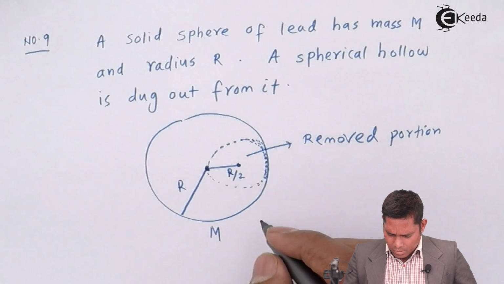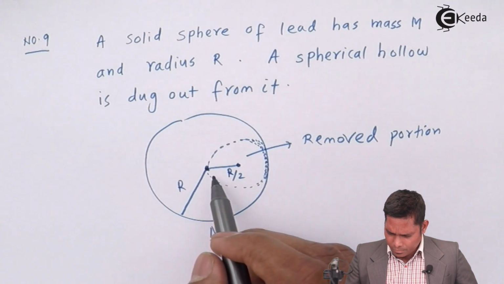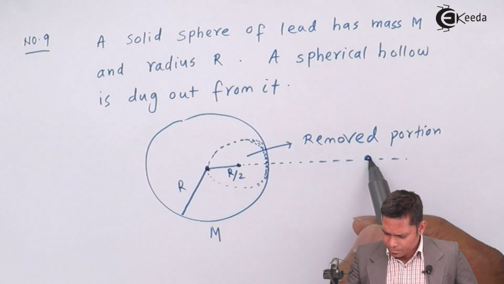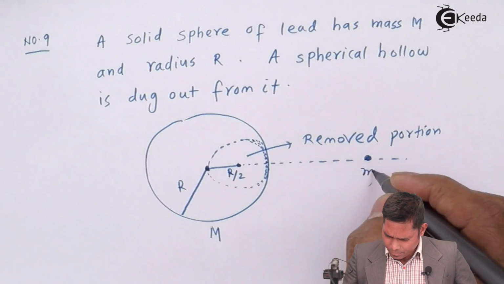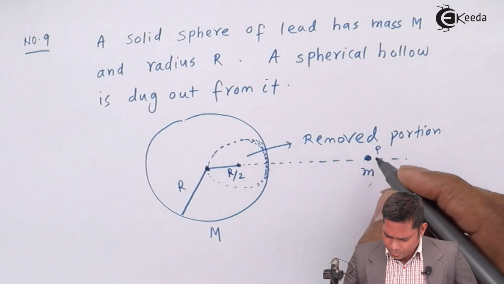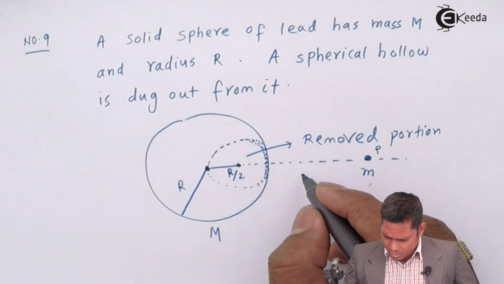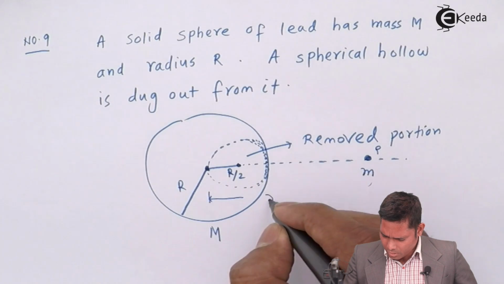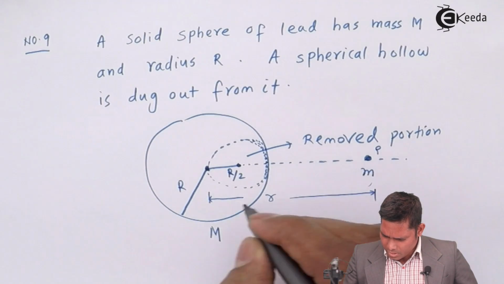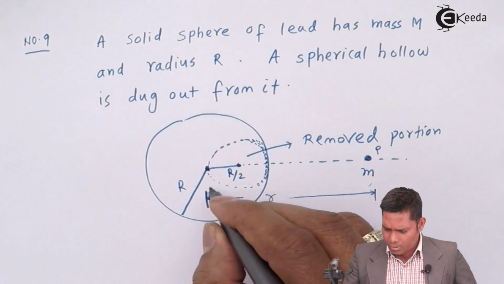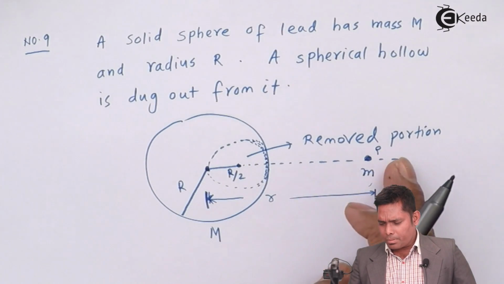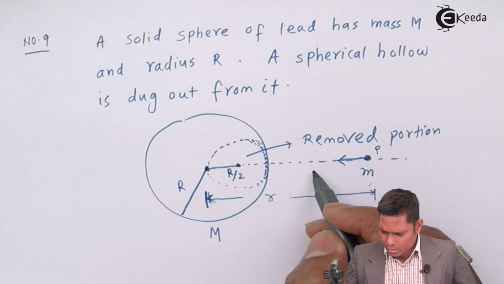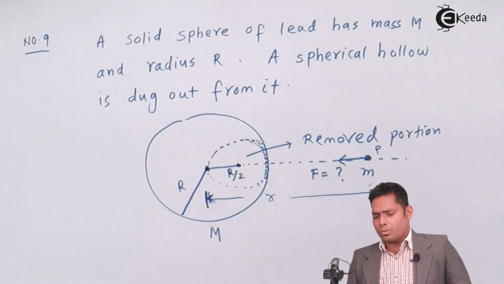You have to find the gravitational force acting on a point mass m which is placed here, point P, at a distance of r from O. So at a distance r from the center of the sphere, the point mass is placed, and how much force will act on it, that you have to find. This is the question.